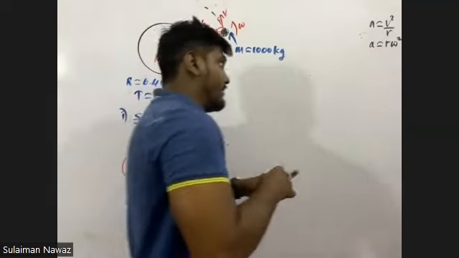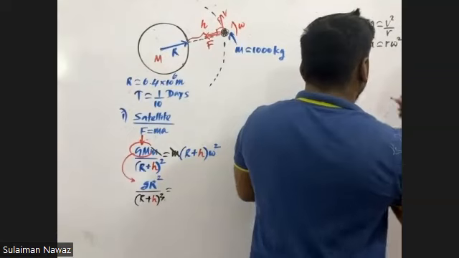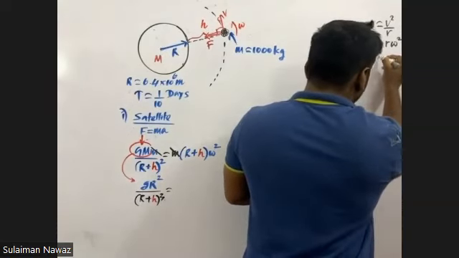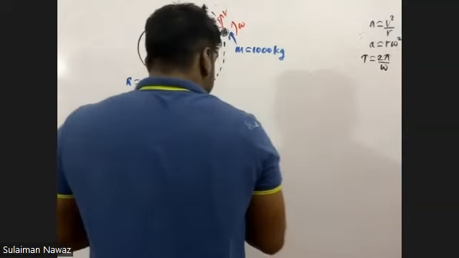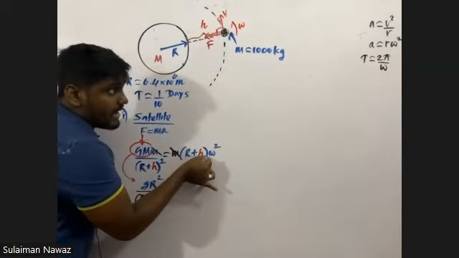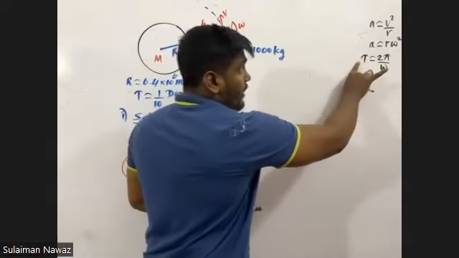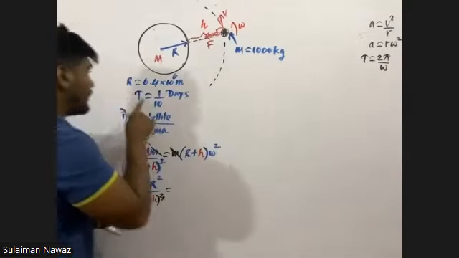Now we know that time period equals 2 pi over omega. If you can remember this equation, I can write omega as 2 pi over capital T, because I know the time period.